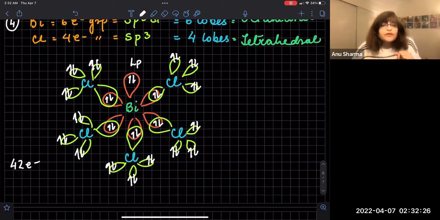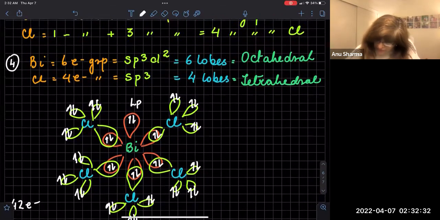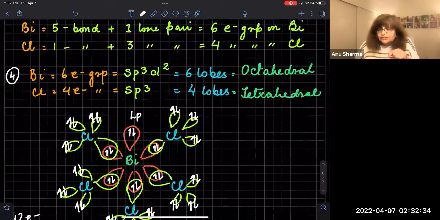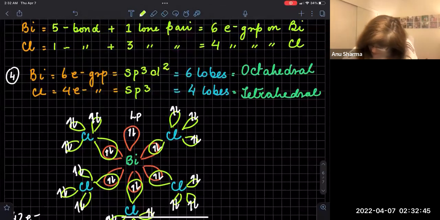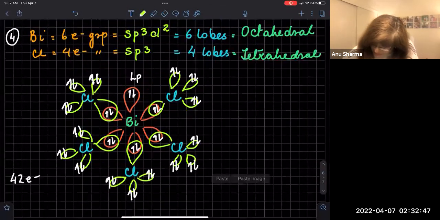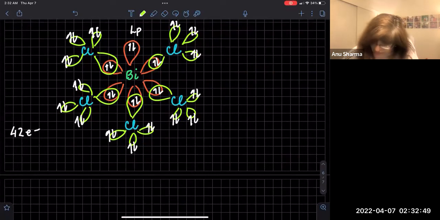Bismuth has on top 1 lone pair. Okay. So that's the thing. Now, every chlorine will have the tetrahedral shape, but bismuth will have the octahedral shape. So overall molecule, if you look at the molecule type, here you have A as the central atom, AXE.